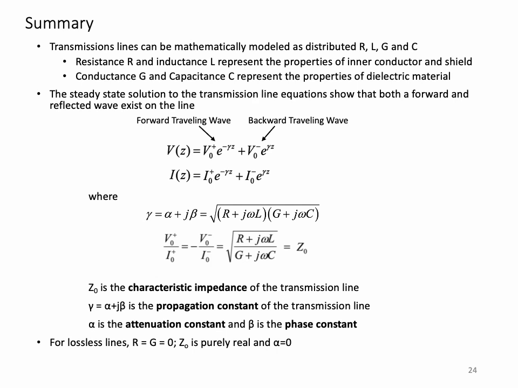Gamma is a term which includes an attenuation constant alpha and a phase constant beta, and gamma is called the propagation constant. And for lossless lines, R and G are approximately 0, and we can show that Z0, the characteristic impedance, is purely real with no attenuation.